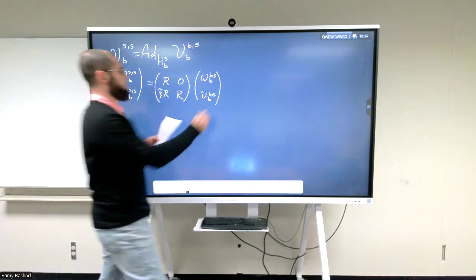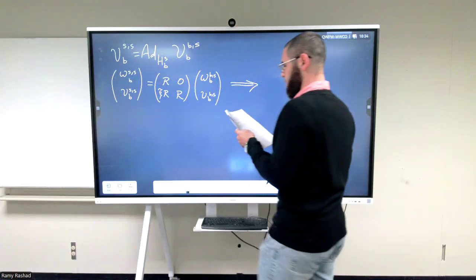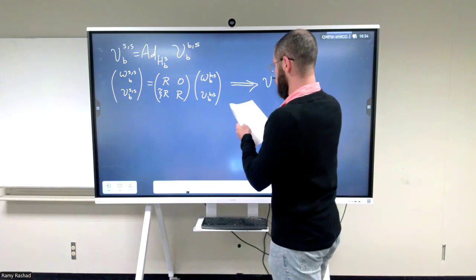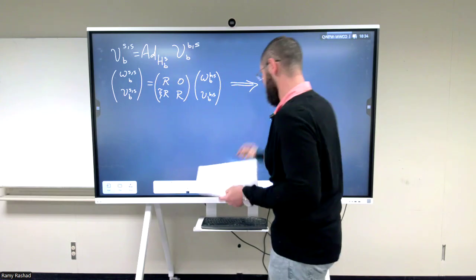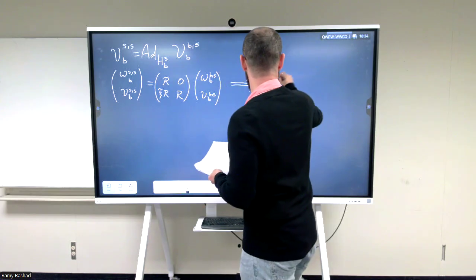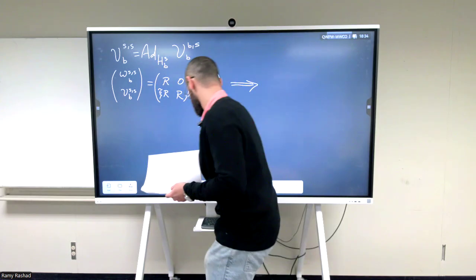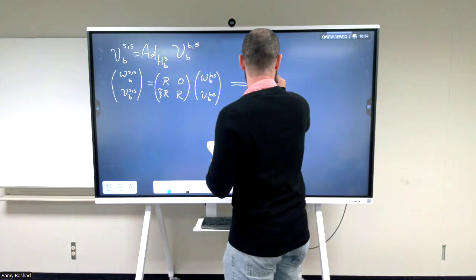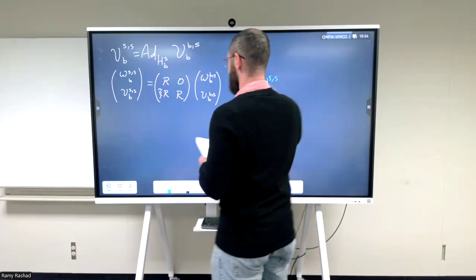Show for yourself that V, B, so this is the small one. Actually, I'm going to color it. Actually, it's there. V, B, S. So it's actually this one.